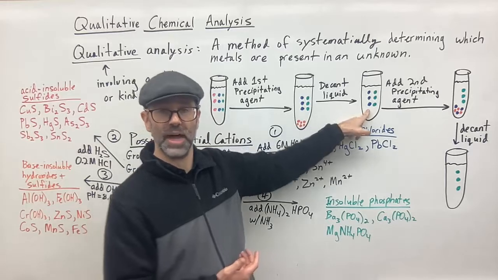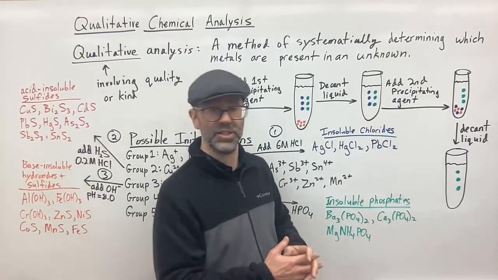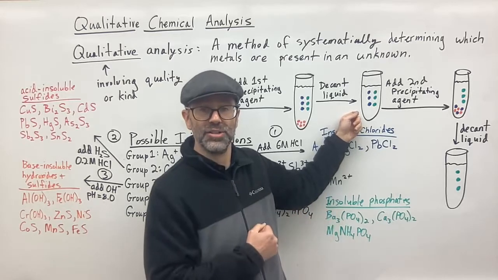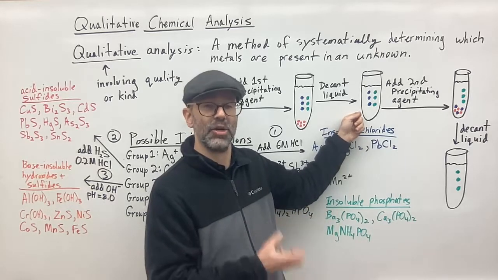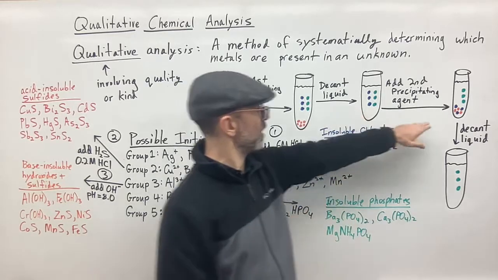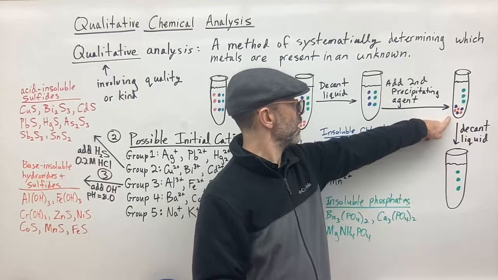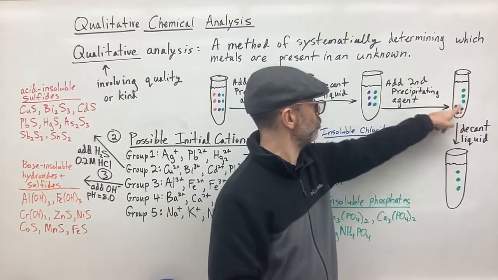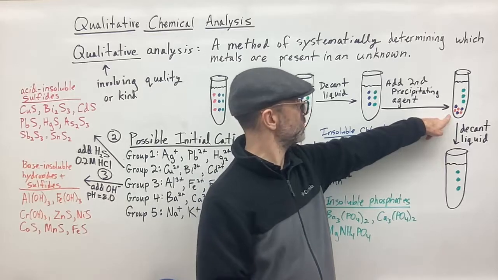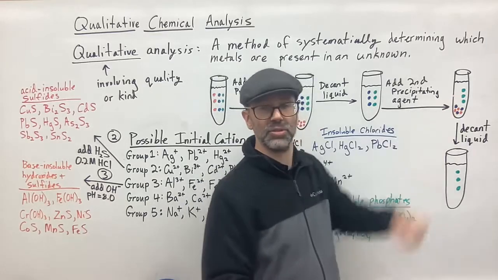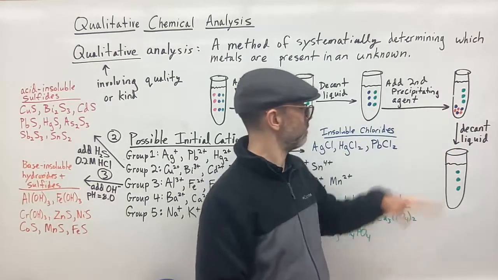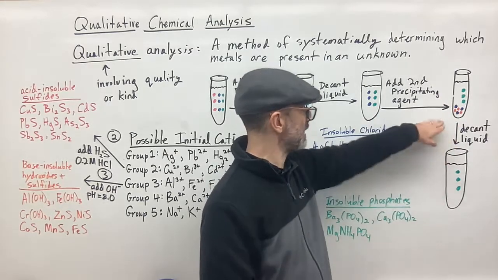And so what I'll do is add another precipitating agent to this one to see if I have a certain ion there. And if I do, it will bind and precipitate out. And so I get the precipitate here, leaving behind my blue cation bound with the precipitating agent and the green in solution. And so I go ahead and centrifuge that again, and my pellet is on the bottom, and I decant the liquid.